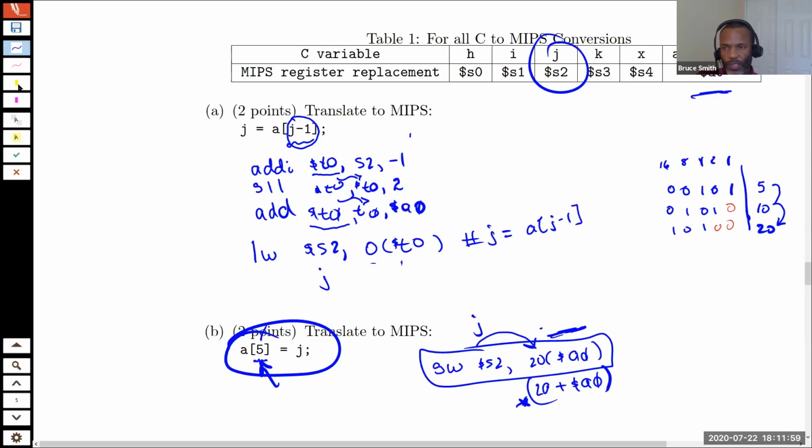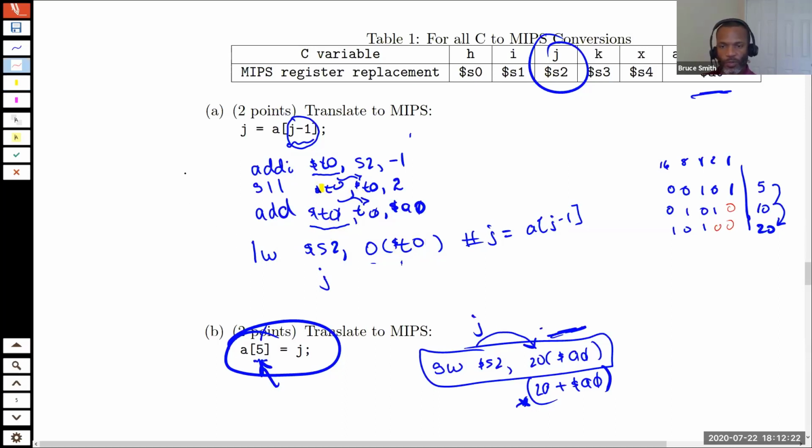There's a pattern here that once you do a couple of these, it becomes a little bit easier to see what's going on. I'll always do a shift left logical, and then I reuse this temporary register.